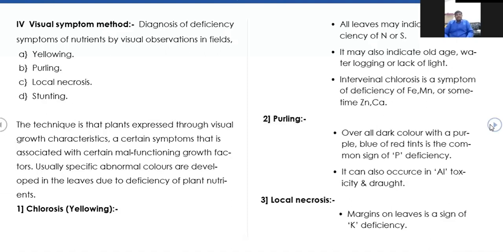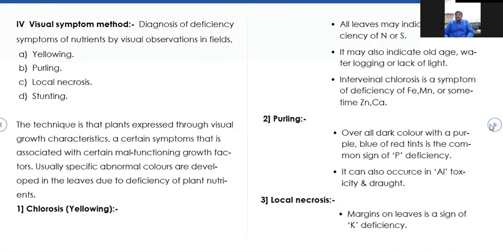The plant expresses through visual growth characteristics certain symptoms associated with certain malfunction of growth. Usually specific abnormal colors develop in leaves due to deficiency of plant nutrients.